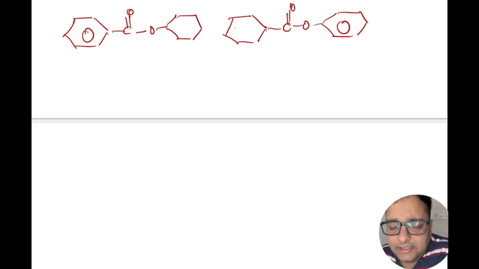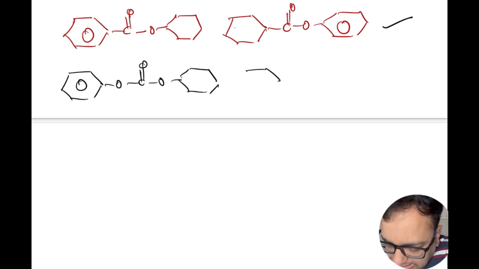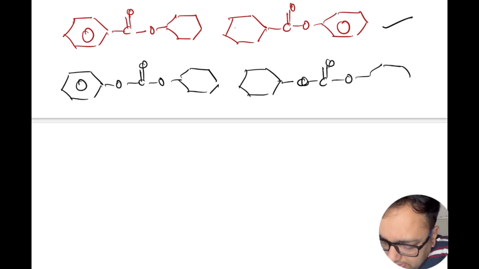By concept it may exist, but we certainly can't be sure that such a compound exists on earth. So this is also a metamer. And if I write this in anhydride, one side we have a cyclic phenyl ring, and one side we have a simple cyclohexane.